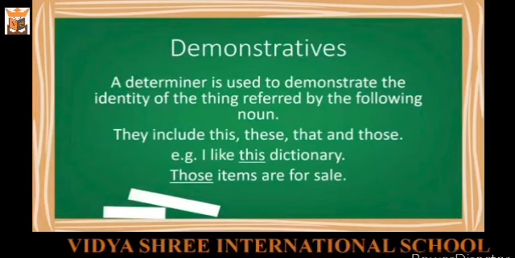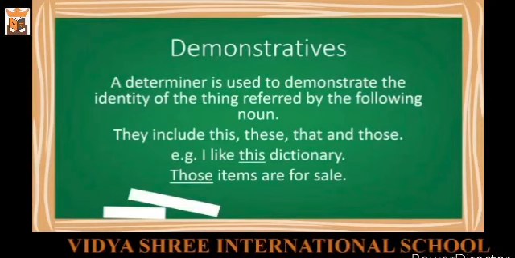They include this, these, that, those. For example, I like this dictionary. Which dictionary do I like? This one. So, this is a demonstrative determiner here.